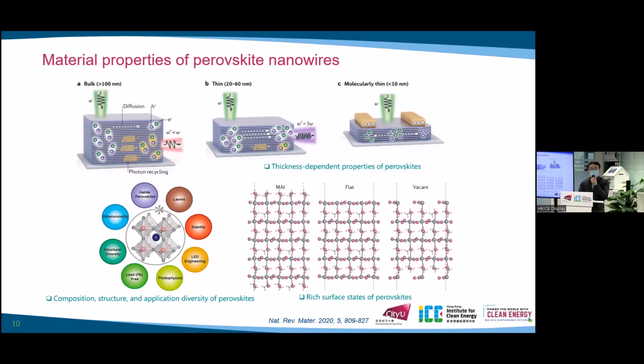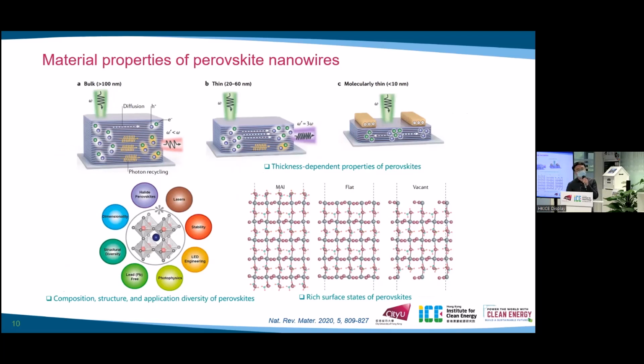And in addition to the performance enhancement, we can also study the material property of perovskite nanostructure and perovskite nanowire. For example, we can study the thickness-dependent property, for example, the quantum confinement effect. And we can also use the surface state to modify the device performance.